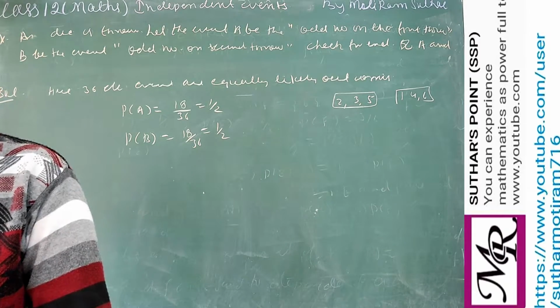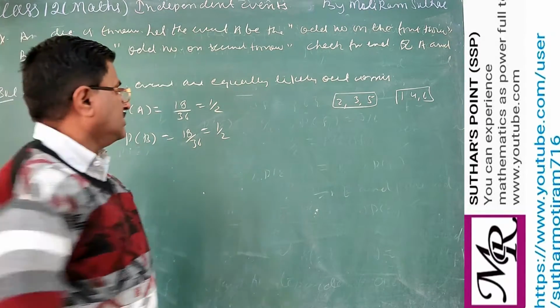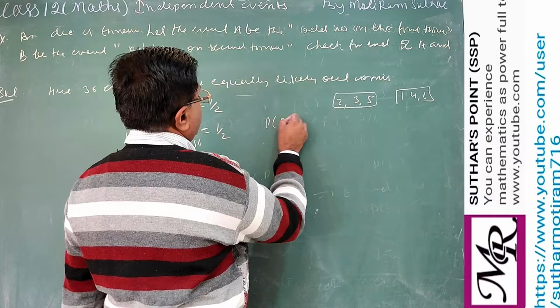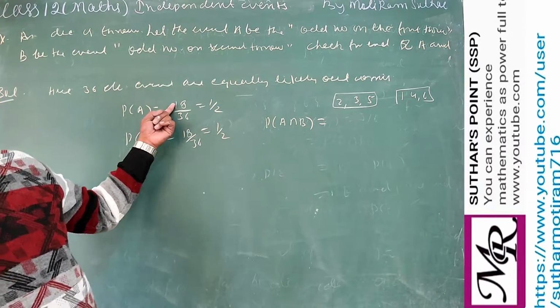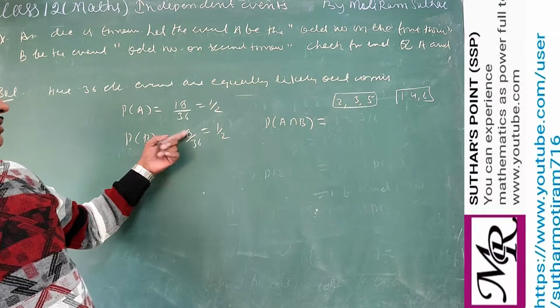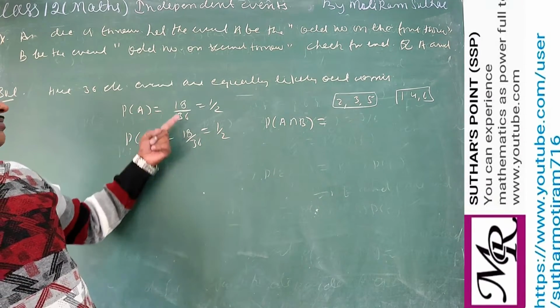But common to both, first and second: if you want to find the probability of A intersection B, then half of this 18, but both should be odd. So half of this, that is 9.